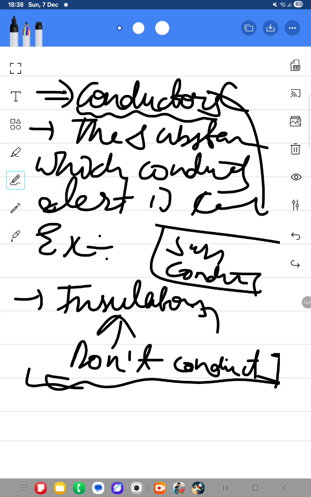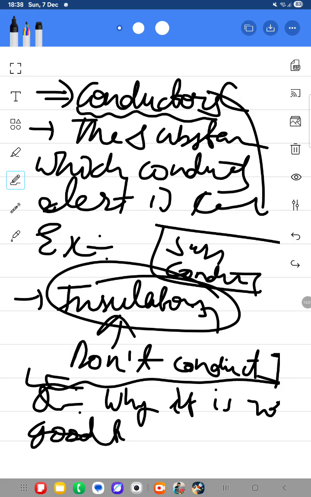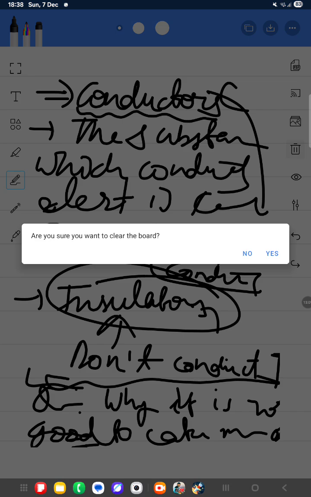So insulators is a term which means it doesn't contain anything. It can come in your paper that why it is not good to categorize materials that conduct electricity into conductors and insulators.